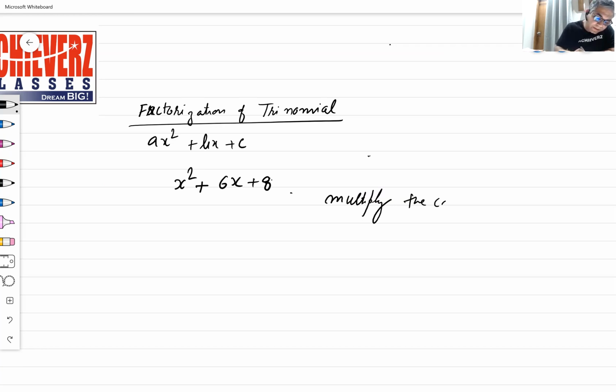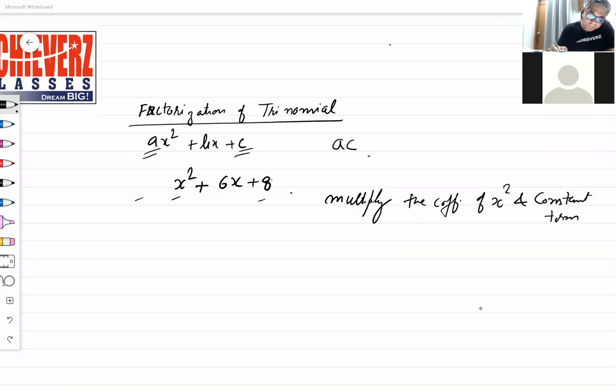For example, here it is a and here it is c, so you will multiply it as ac. In this example, the multiplication would be, if there is nothing then it is 1, so 1 and 8, so I have 8.